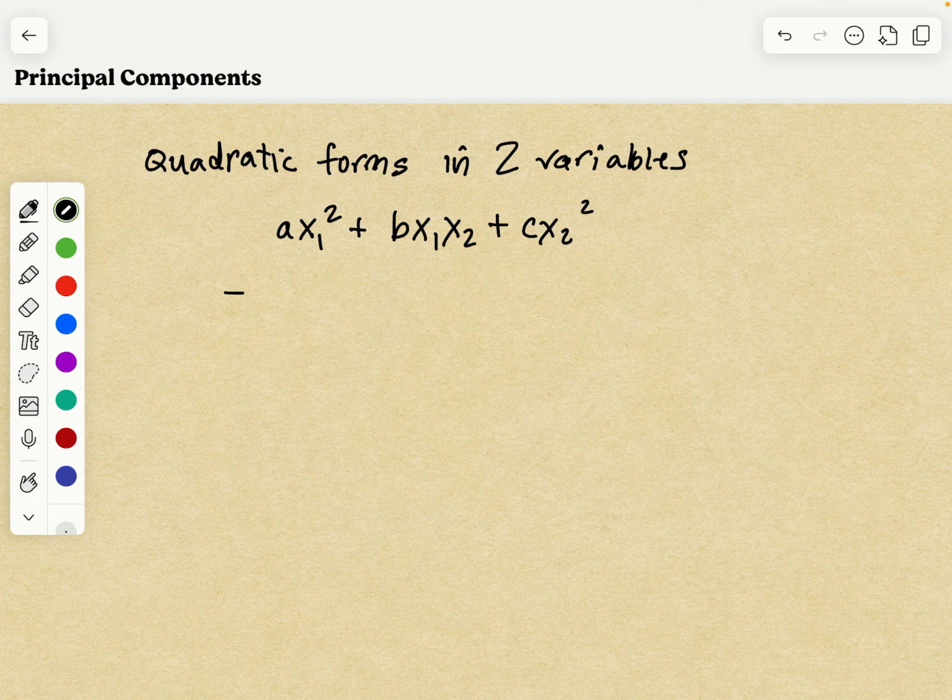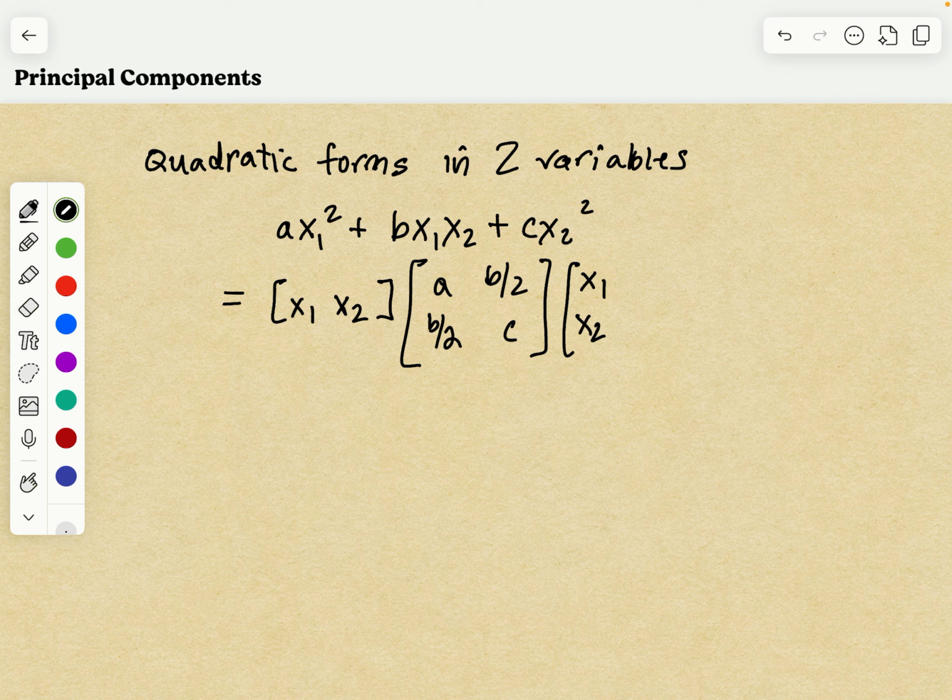And this is the same as what you get by taking the row vector x1, x2, multiplying it by the matrix A, B over 2, B over 2, C, and then multiplying it by the column vector x1, x2. And this matrix is a symmetric matrix, which we called A. I'm assuming that A, B, and C are real numbers, so this is a symmetric matrix with real entries.